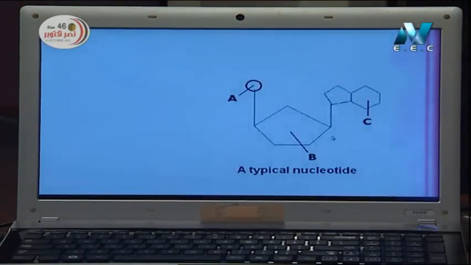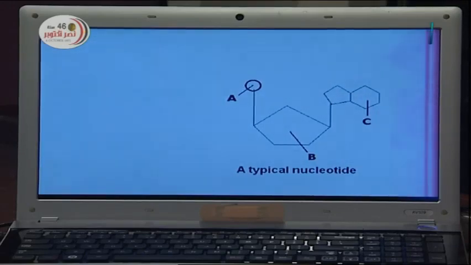In front of you a diagram of nucleotide. This nucleotide, a typical nucleotide. Number A phosphate group, number B pentose sugar, and number C nitrogenous base. يعني دي carbon number 1 and this is a carbon number 5.